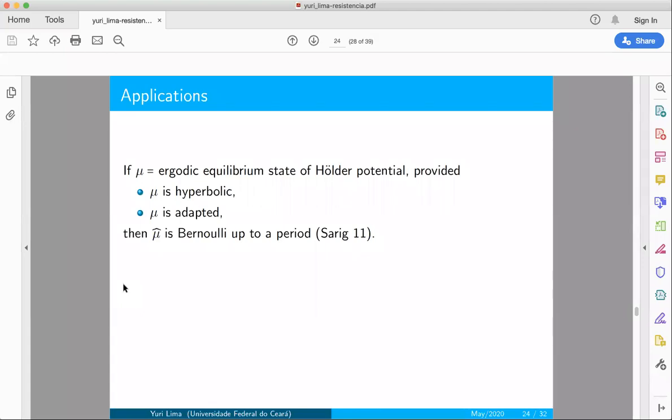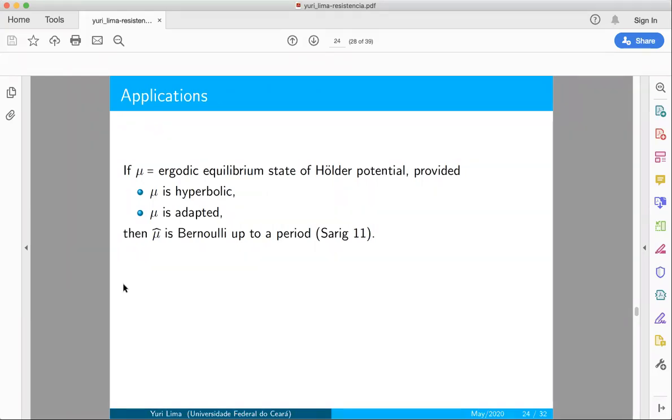This has applications also, in particular for the measure of maximum entropy, which is the simplest example of an equilibrium state. And because of this, we are able to use this structure of the measure of maximum entropy to get, for instance, estimates on the number of periodic points. So as a consequence of this ergodic theoretical classification, we are able to count periodic points.